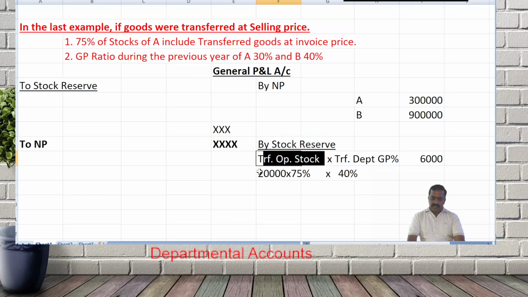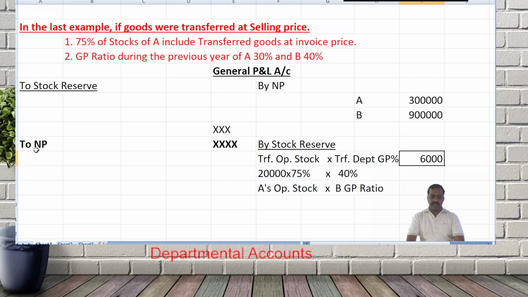Transferred opening stock. Whose opening stock? A's stock. A's opening stock into whose ratio? B's GP ratio. Okay, by stock reserve we removed how much? 6,000. Wait. To stock reserve, this is transferred stock. Closing stock into the transferring department's GP ratio.